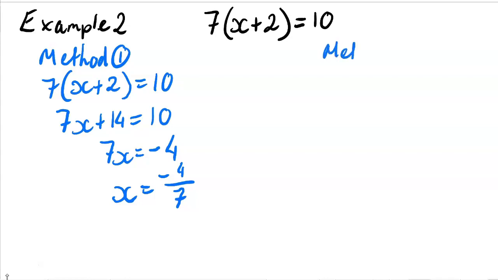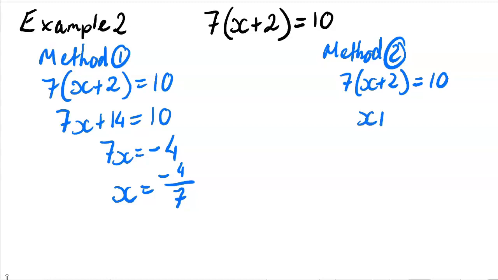So negative 4 divided by 7. So now method 2, where I'm going to divide both sides by that 7 first. So 7 times x plus 2 equals 10. So x plus 2 equals 10 over 7. Okay, and then I've got to take away 2.